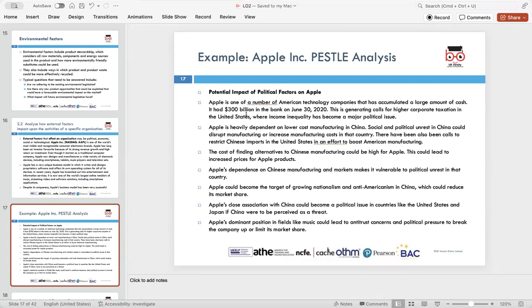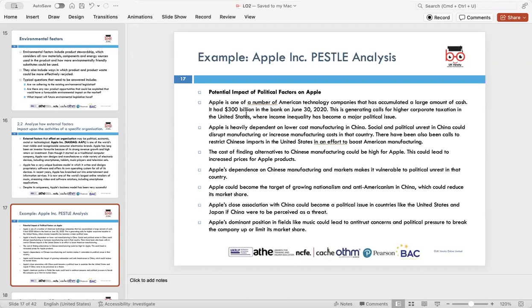One of the most pressing political issues is the issue of wealth disparity. When it comes to production, Apple is mainly reliant on China because of its lower cost of labor and overheads. So it is possible that social and political instability in China could cause disruption in manufacturing or lead to a rise in the cost of manufacturing in that country.